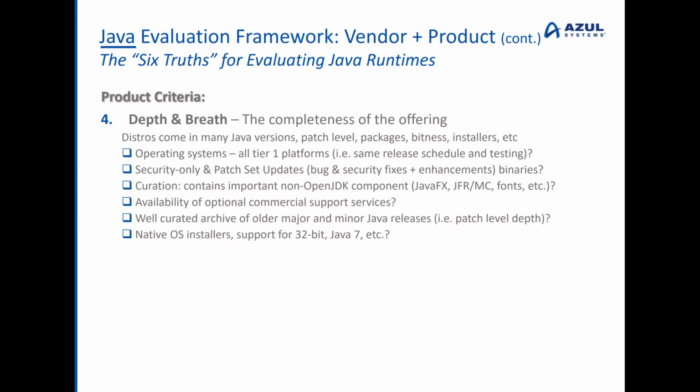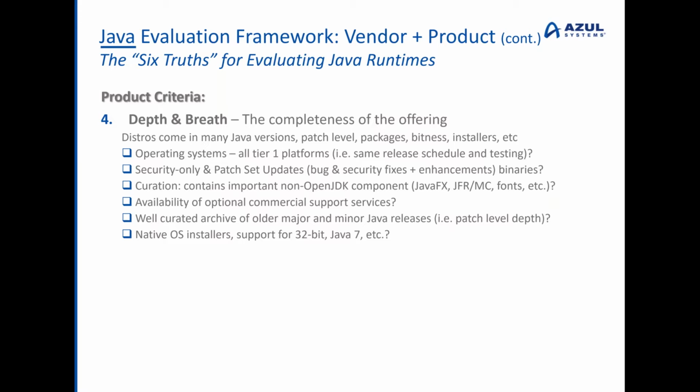Also understand that vendors need good archiving for older versions of Java, and that you as an ISV need to look at whether those older versions are still actively supported. So as you move forward providing new releases, you also need to ensure that the vendor is supporting the prior, older versions of Java, and that they are well curated and archived.